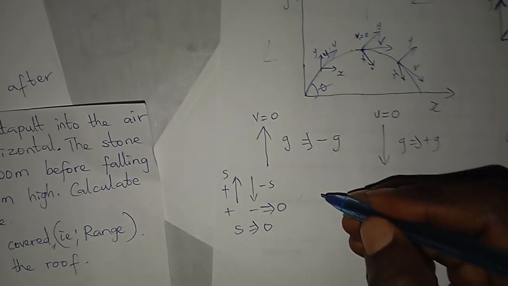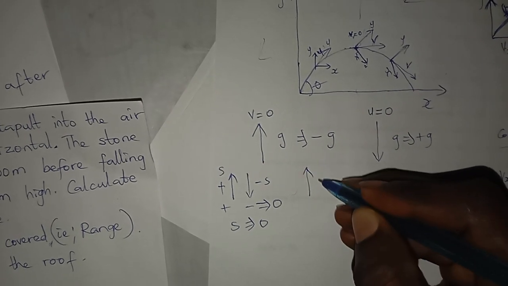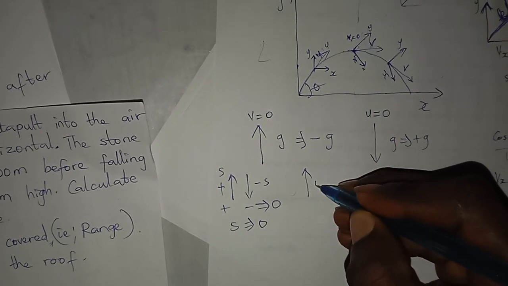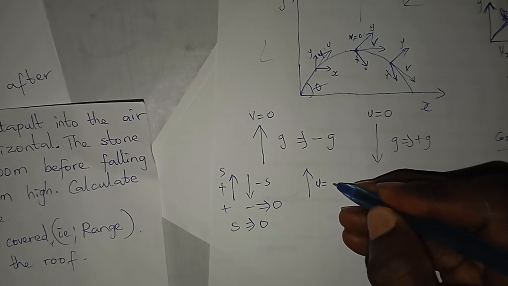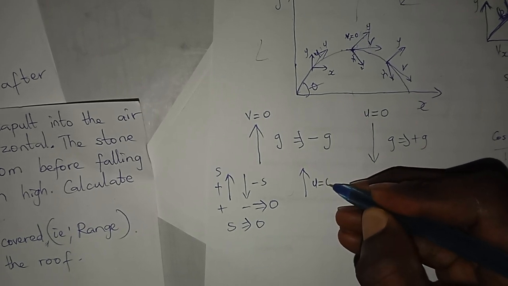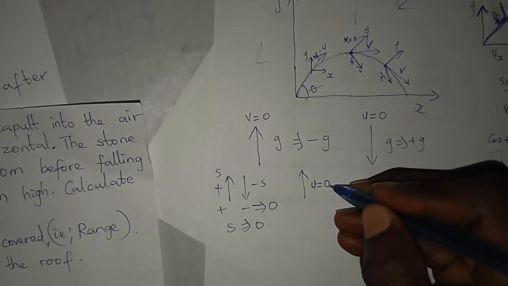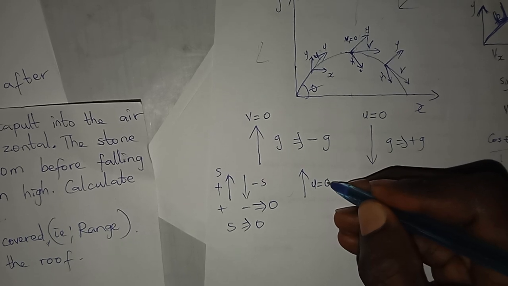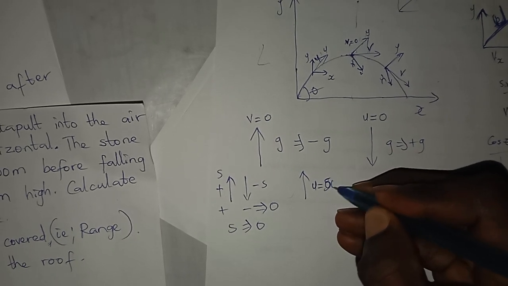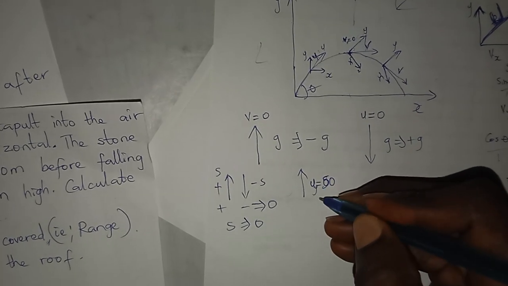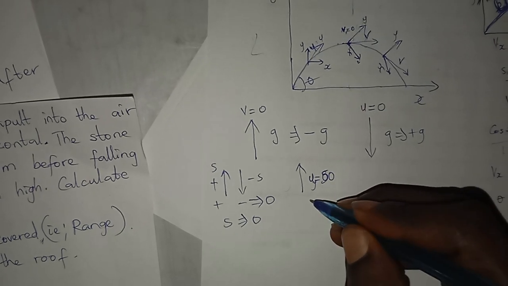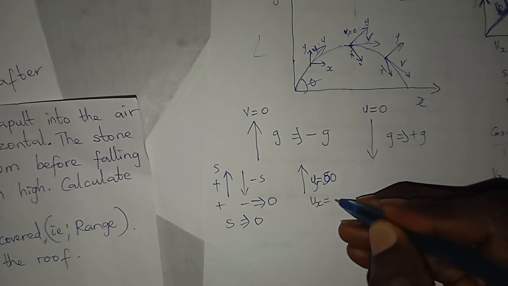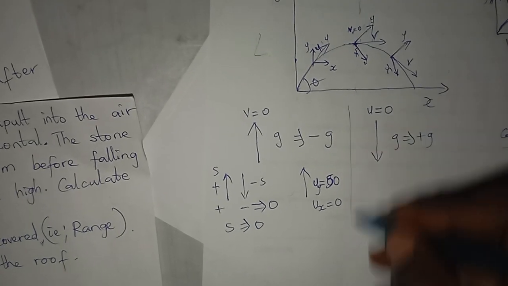Then if I also hear something is thrown up, it means that whatever velocity I'm giving there is for the y-axis. The u will be whatever I'm giving. Let's say I'm giving 50, it will be 50. That is for velocity on the y-axis, while on the x-axis, velocity will be 0.